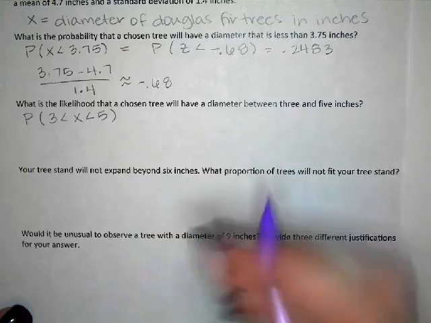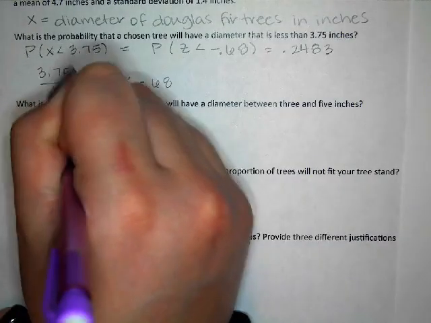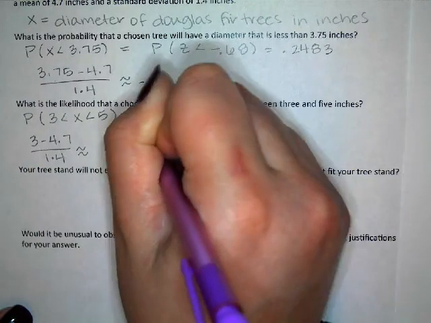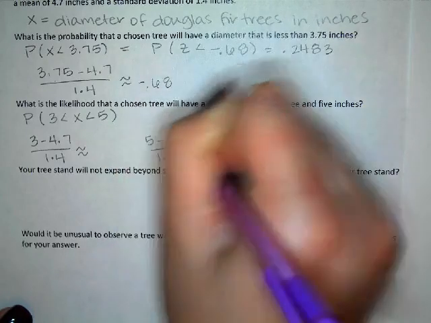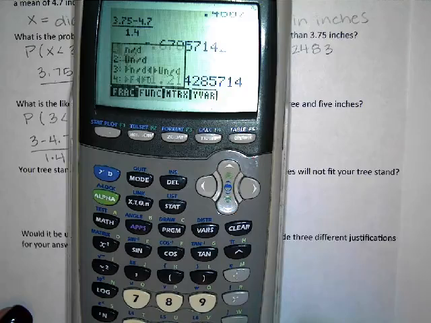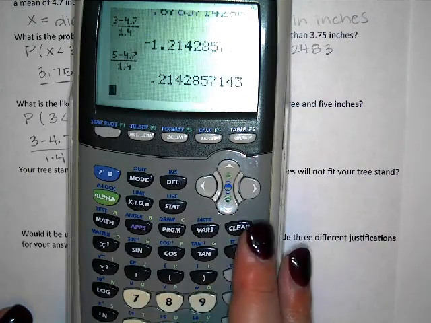So 3 minus 4.7 over 1.4, 5 minus 4.7 over 1.4. Negative 1.21, and 0.21.